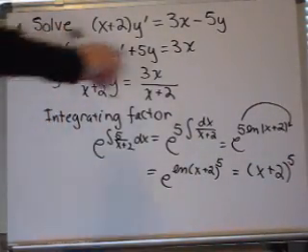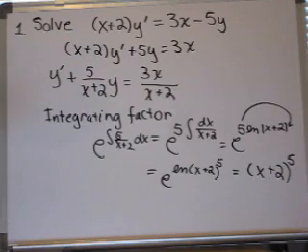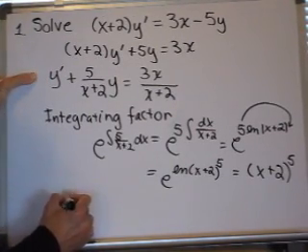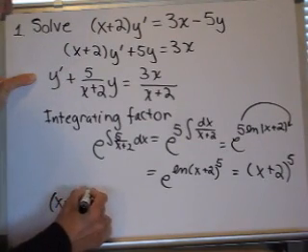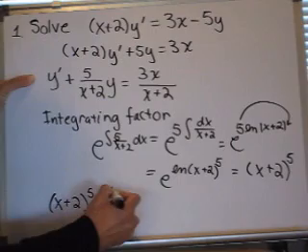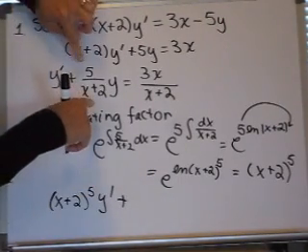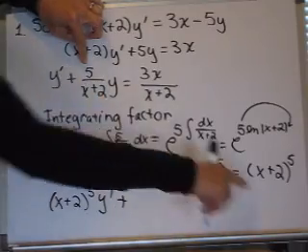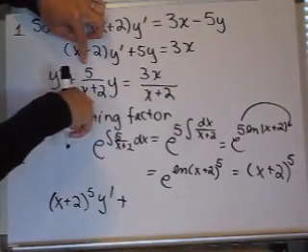Next, I'm going to multiply both sides of this differential equation by the integrating factor. So on the left-hand side, I'm going to get x plus 2 to the 5th power times y prime plus x plus 2 to the 5th power times the second term. I'm going to have the cancellation of one of these x plus 2's with the x plus 2 in the denominator.